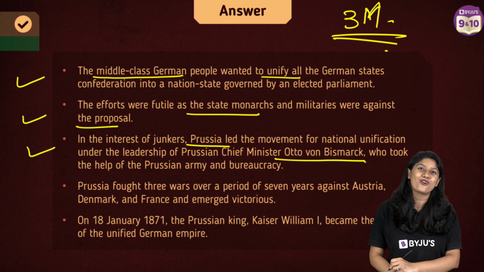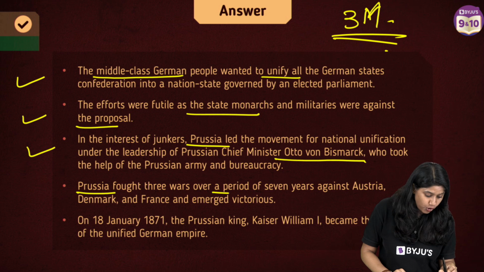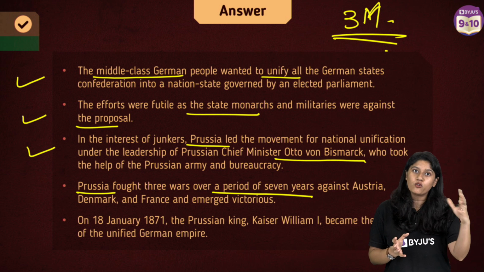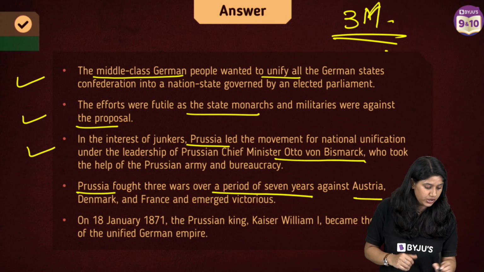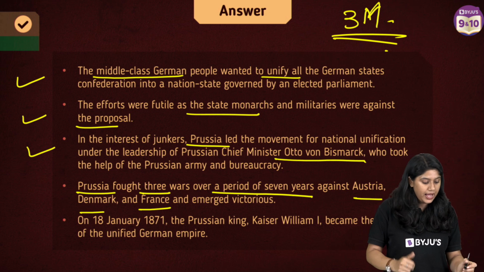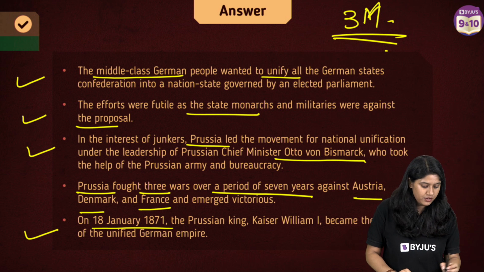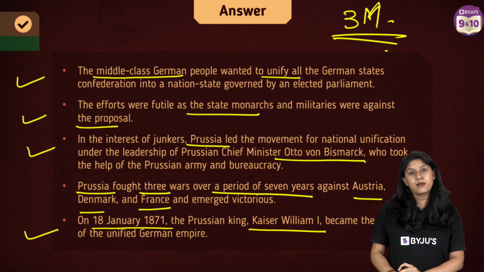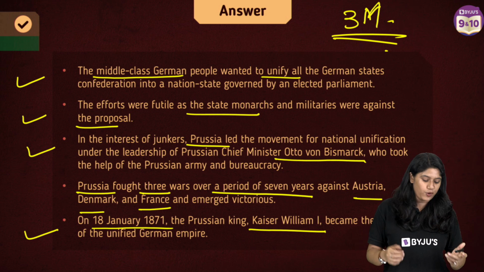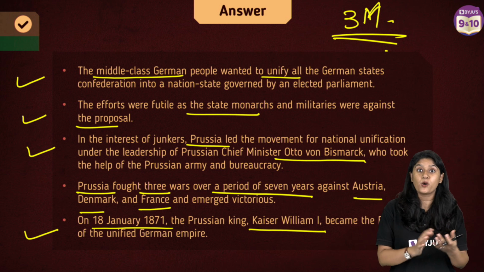He was the architect of the unification of Germany. Then of course Prussia fought a 7 years long war with 3 different nations, Austria, Denmark and France. 3 different wars were fought. And at the end we saw on 18 January 1871, Kaiser William I became the emperor of the unified empire of Germany. So 5 important points, and this is how we have covered all the important points and we have the answer.